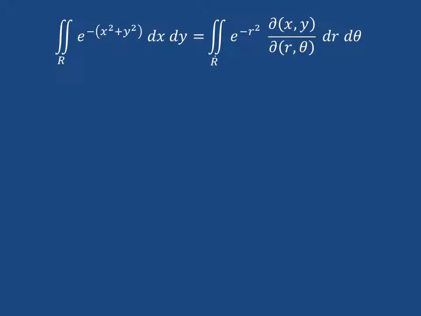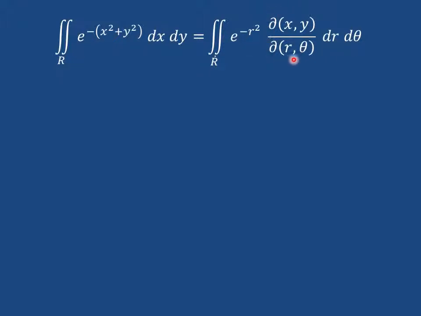Okay, so what we have, after making a replacement of the variables for x squared plus y squared, here we replace r squared, and for dx dy we replace dr d theta.